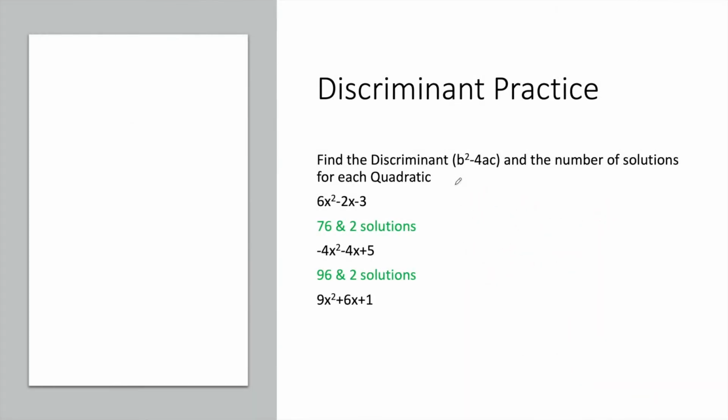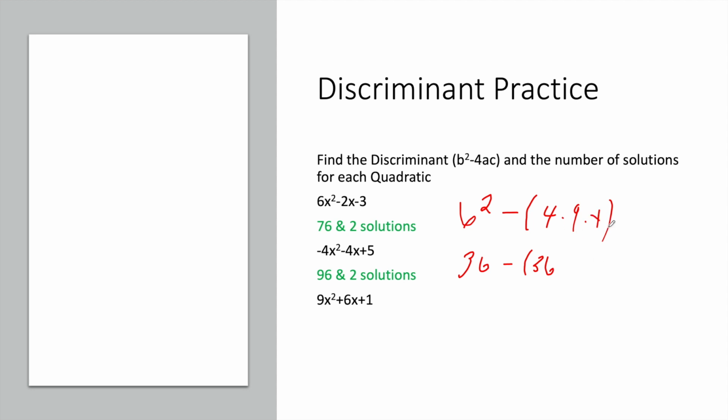For our last equation, we have 9x squared plus 6x plus 1, where 6 is b, 9 is a, and 1 is c. Plugging this in, we have 6 squared minus 4 times 9 times 1. 6 squared is 36, minus 4 times 9 is 36, and times 1, that would just be itself.